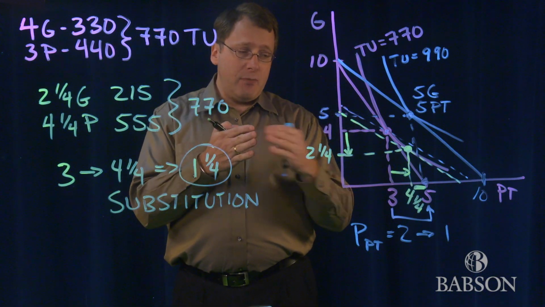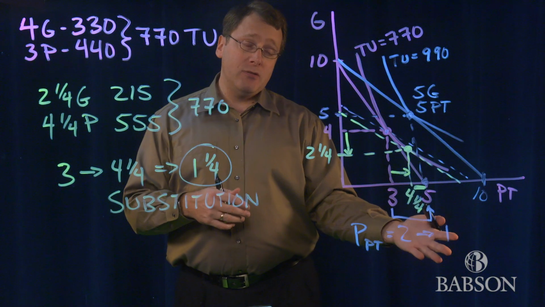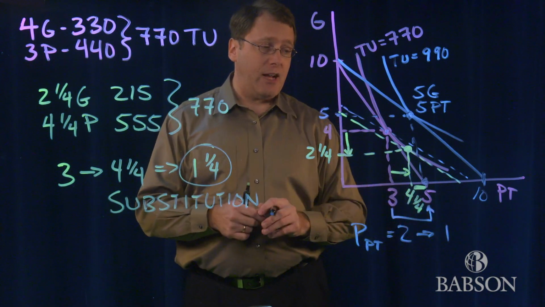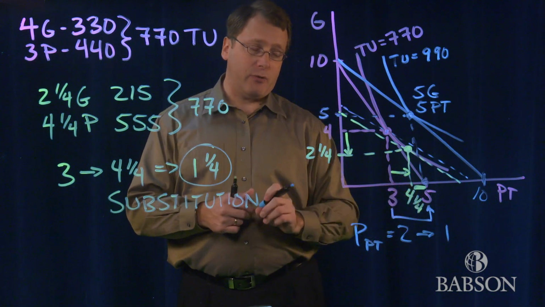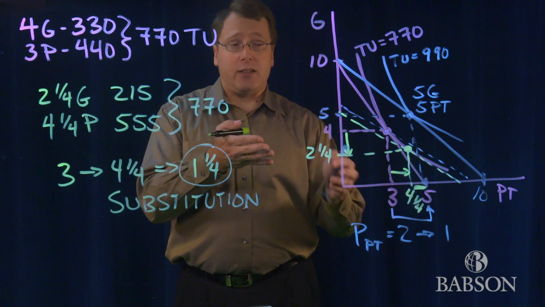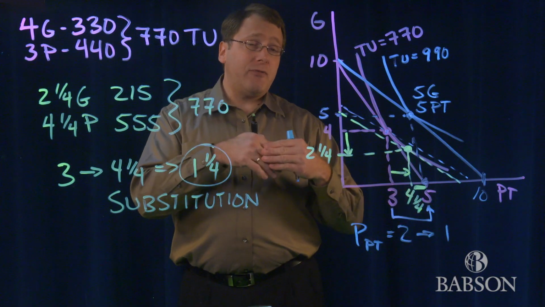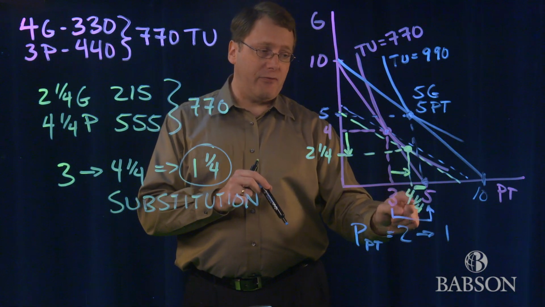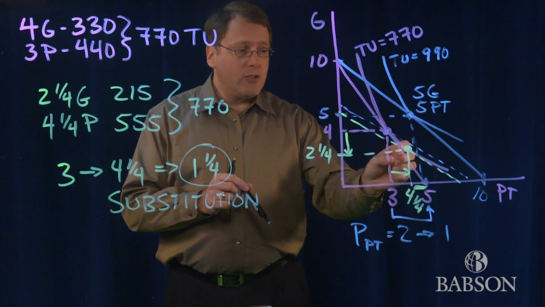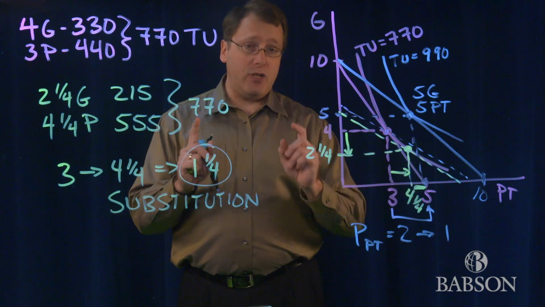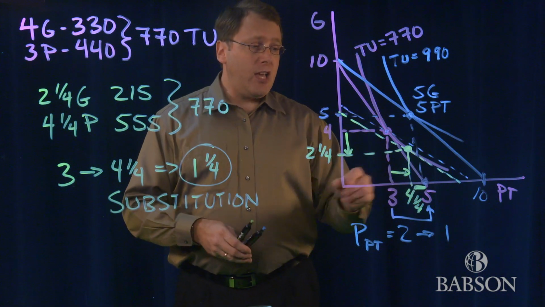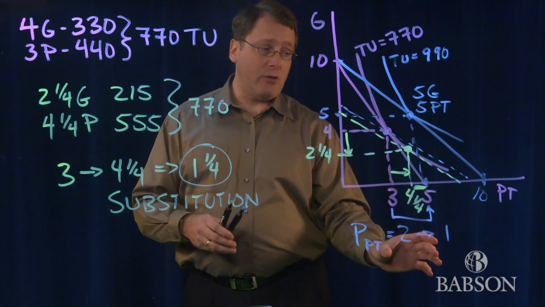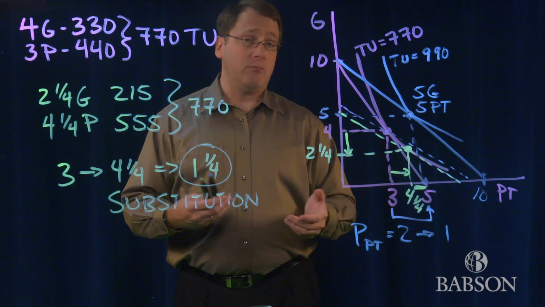One piece that Pop-Tarts are now relatively cheaper, and so some people will say Pop-Tarts are the cheaper way to satisfy my hunger, and that's going from 3 to 4 1/4. And then that income effect. Pop-Tarts are cheaper, so now I can afford to buy more goods and services. That's the income effect. That's from 4 1/4 to 5. So we can decompose that total change into those two pieces. And both of these help explain why, as the price of a Pop-Tart gets lower, consumers will demand more.